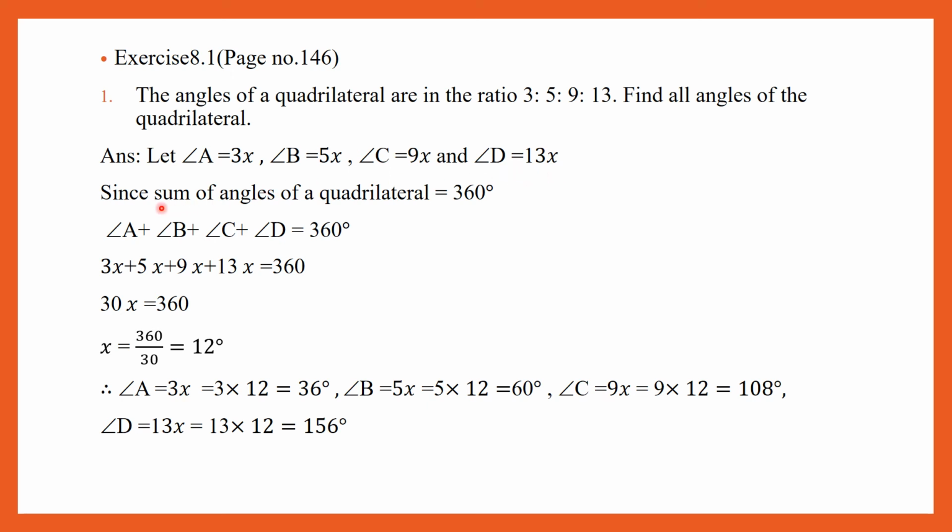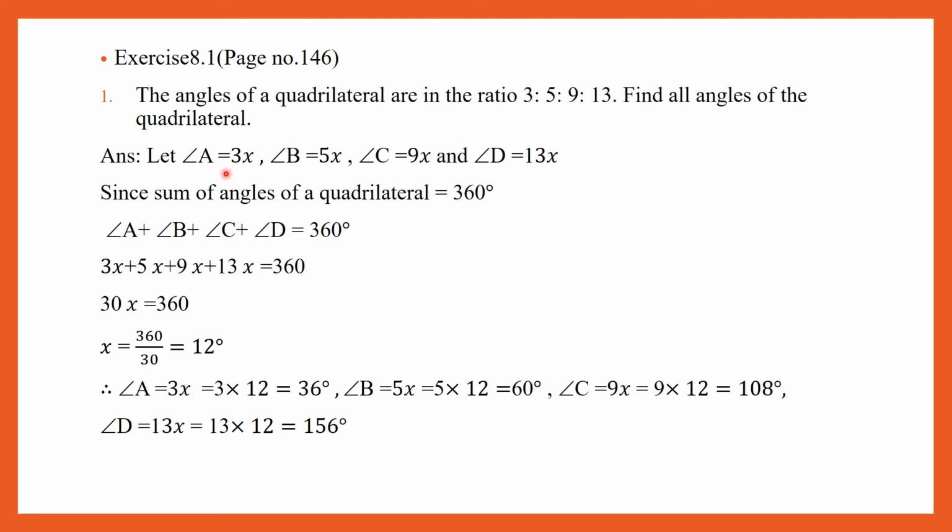We know the condition, sum of angles of a quadrilateral is 360 degrees. Therefore, we can write 3x plus 5x plus 9x plus 13x is equal to 360 degrees, which is 30x equal to 360 degrees. From there, we can find the value of x, which is 360 degrees by 30 equal to 12 degrees.